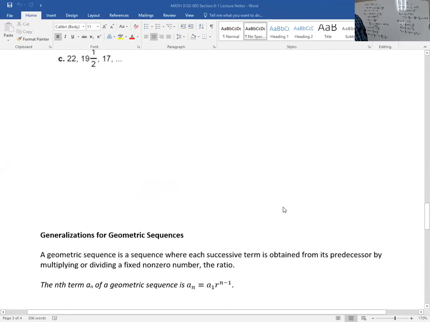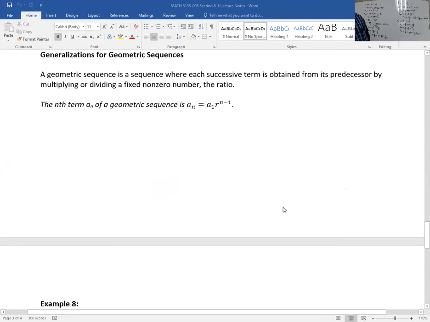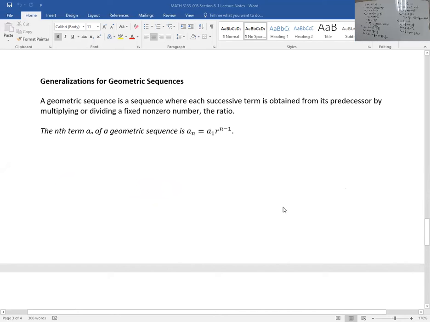Now let's talk about geometric sequences. In a geometric sequence, each successive term is obtained from its predecessor, or the one before it, by multiplying or dividing by a fixed non-zero number. And we call that the common ratio, which is denoted by lowercase r.